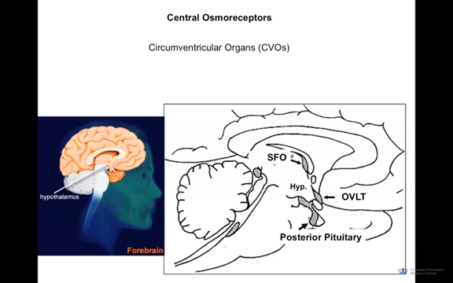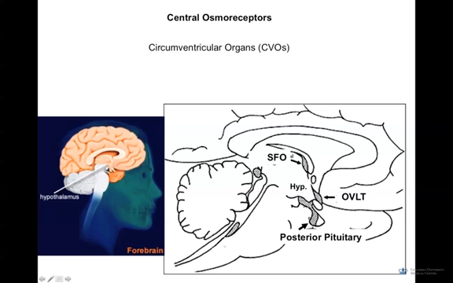Central because they're in the central nervous system, osmoreceptors because they are sensitive to changes in plasma osmolarity. Okay? Now notice the position of these osmoreceptors with respect to the hypothalamus and the posterior pituitary. Remember, the hypothalamus is the part of the brain that produces vasopressin or ADH, and that hormone is released at the pituitary gland.